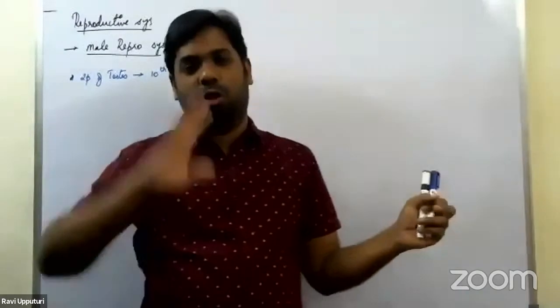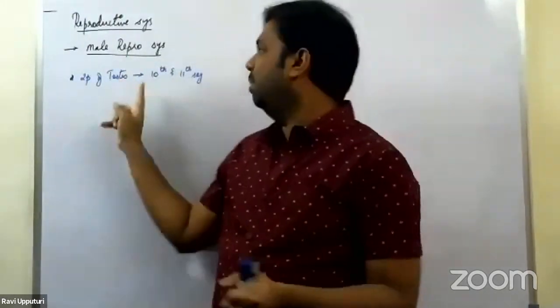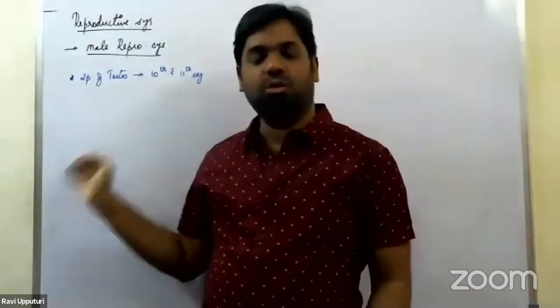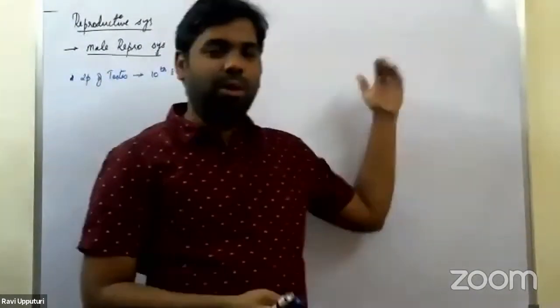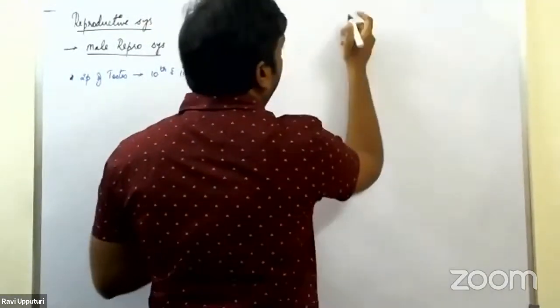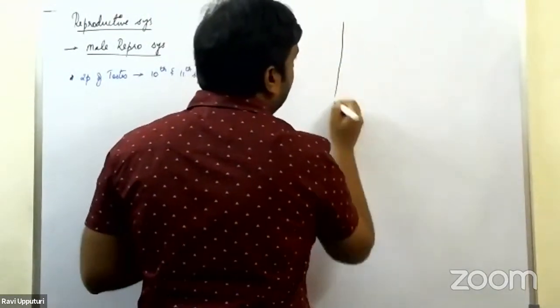We are not going to do the first segments. We are beginning with the 10th segment because we know that from the 10th segment we have the testes present. We'll begin with whatever is required. Here I'm just drawing this structure.